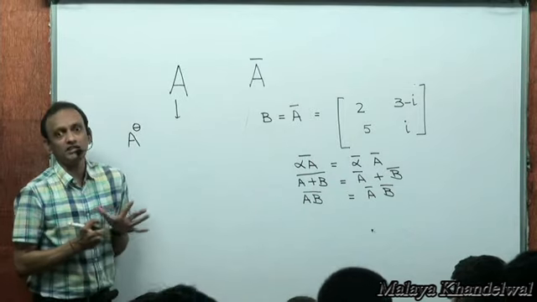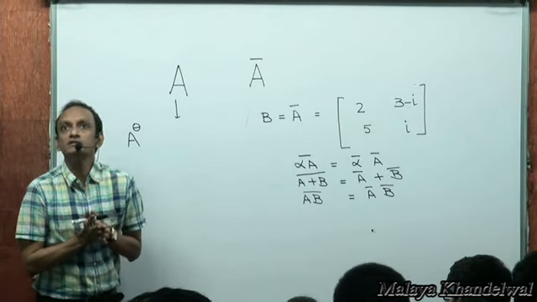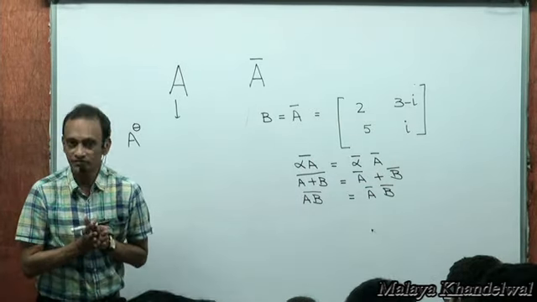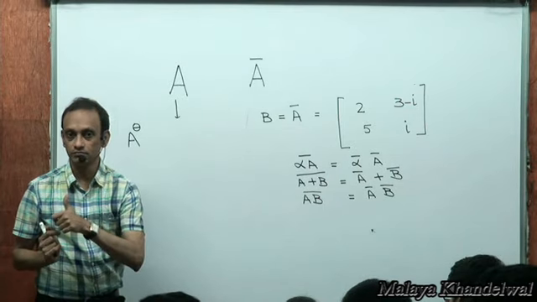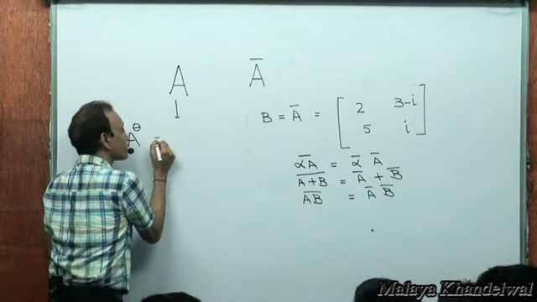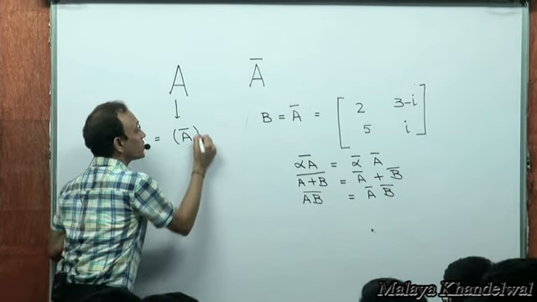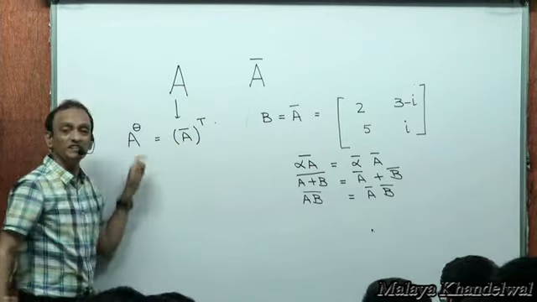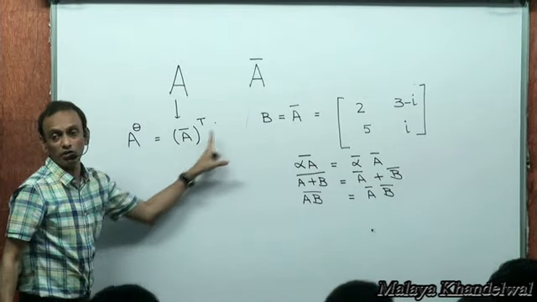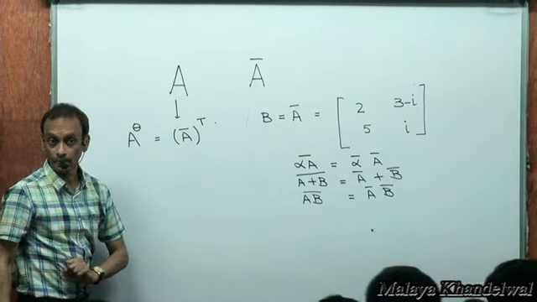When I say find A theta, it means first take the conjugate of A and then transpose it. That's A theta. A theta means take the conjugate of A and transpose.